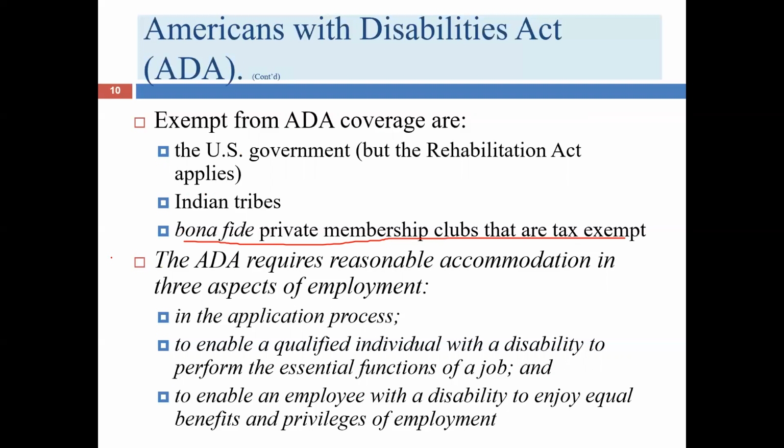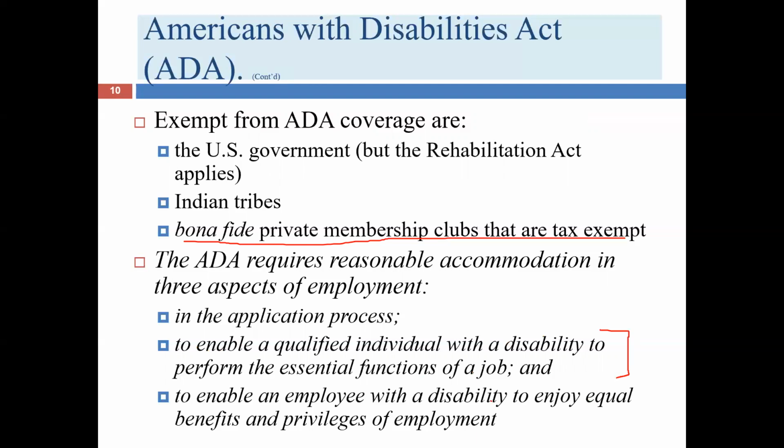So we'll be talking about three aspects of the employment relationship and how the ADA interacts with those. The first is going to be the application process. The second is going to be helping the individual actually do his or her job. And this is, of course, the main event. This is where most of the activity is going to be.